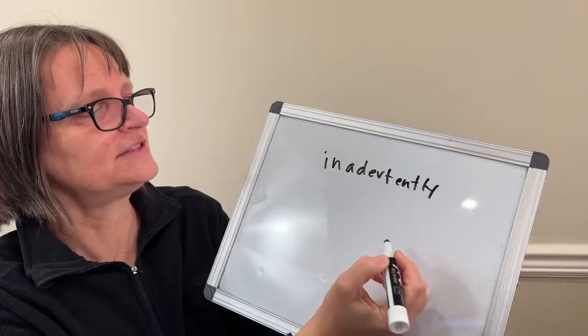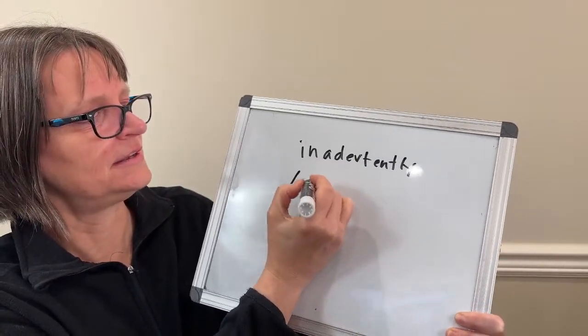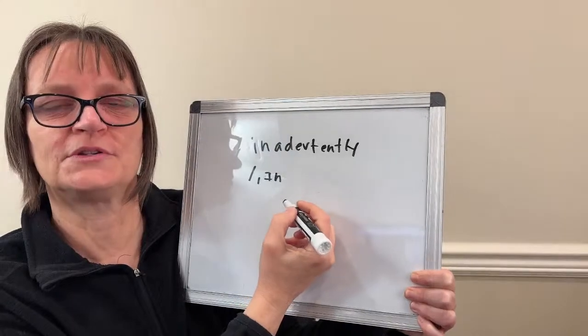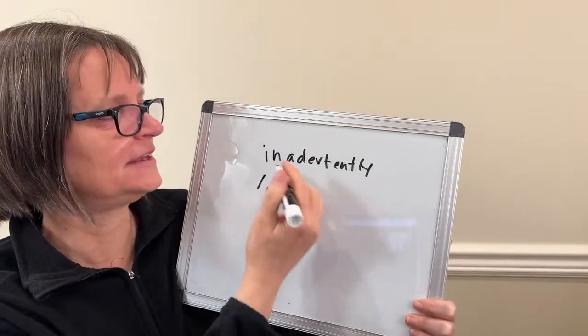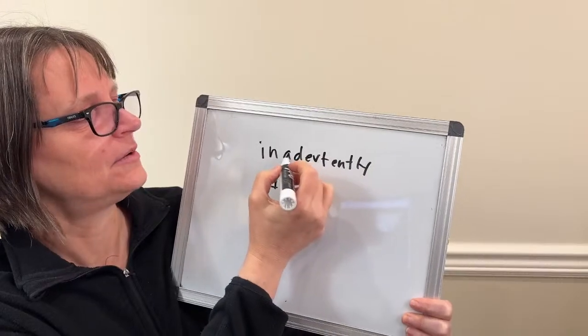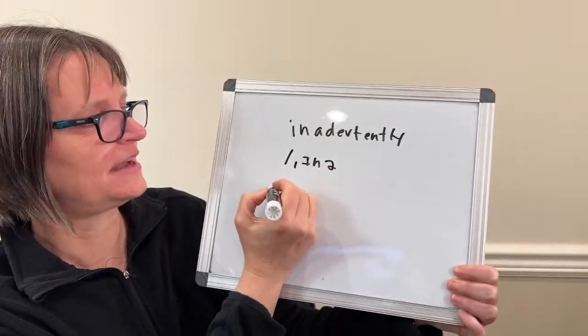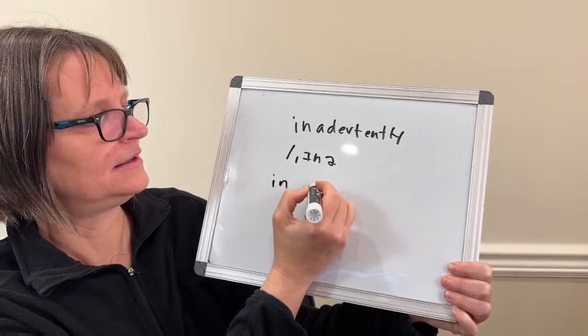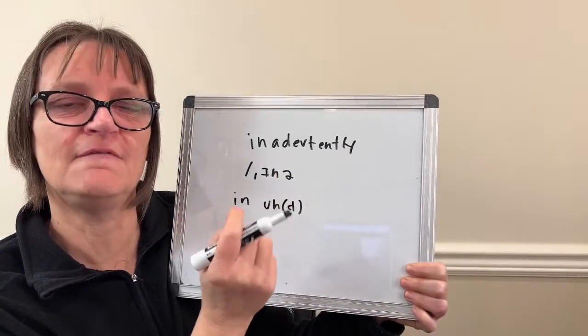Inadvertently. So I can say this. I'm going to have a little secondary stress on in, because it's important as a prefix to know the meaning of it. Inad. So no stress on the A means it's going to be a schwa sound. So it sounds like in. Then the D is going to be unreleased. Inadvertently.